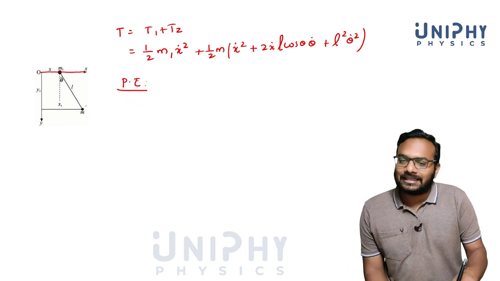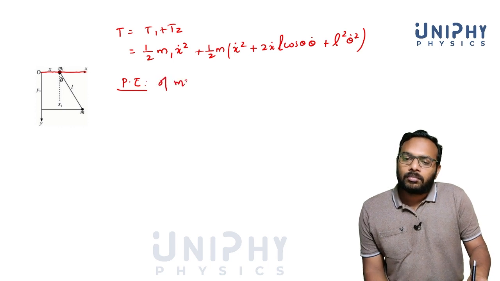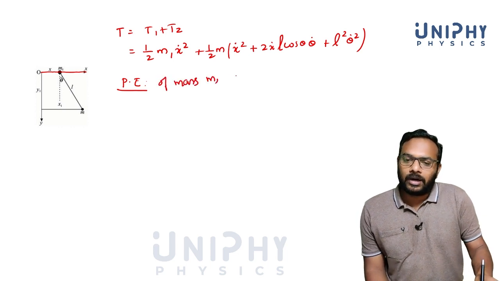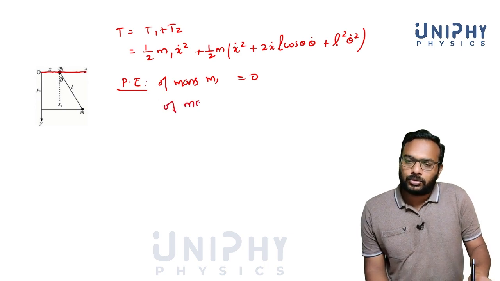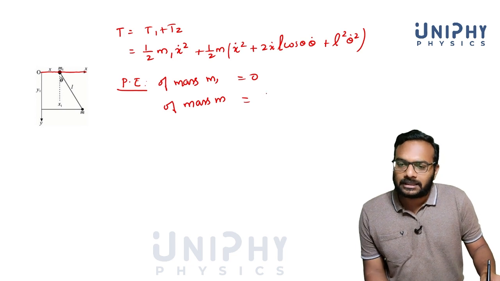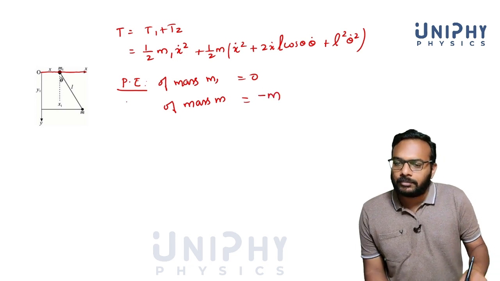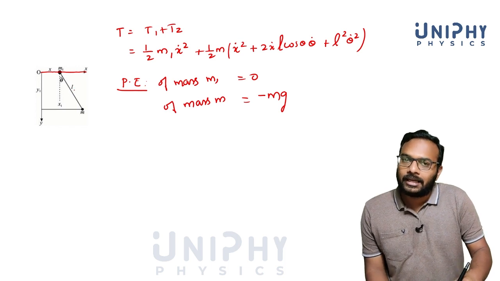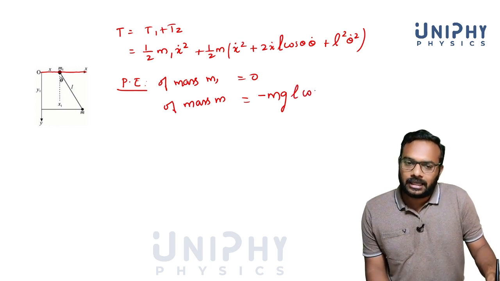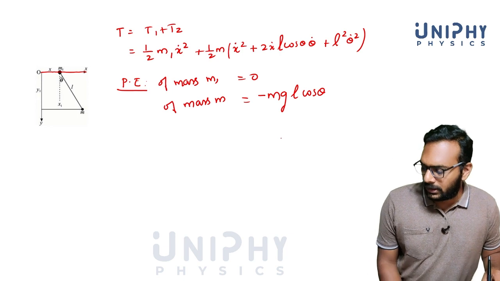So if we take this as the reference line, then potential energy of mass m1 becomes 0. Potential energy of mass m2 or mass m, what's the potential energy of mass? That's minus m g, and what's this height? It is L cos theta, minus mg L cos theta. Okay.